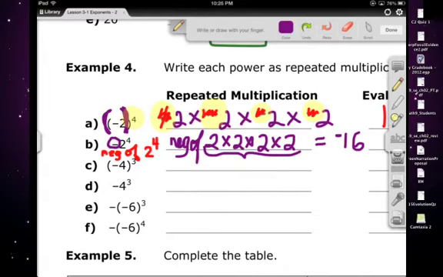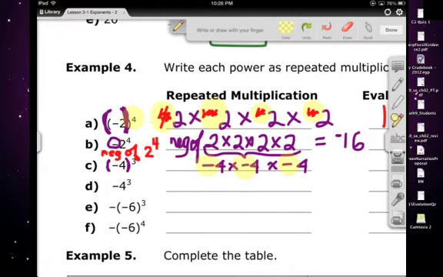If you look at C here, you can see that it is in parentheses. They're being very proper in their identification of this number. Negative 4 times negative 4 times negative 4. Because there's an odd number of multiplications, these negatives would cancel out, but then you would have a positive 16 being multiplied by, oh, guess what? A negative 4.